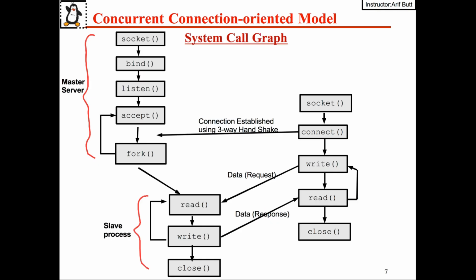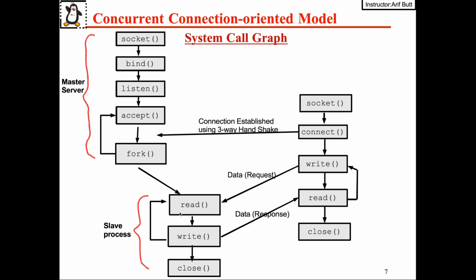Note over here that every time the server accepts a new connection, a client socket is created, and for every new connection the server does a fork and lets the child deal with the client using the client socket as a slave process.